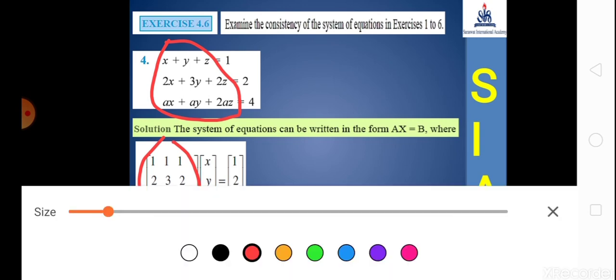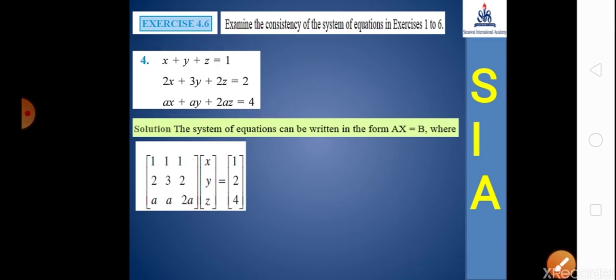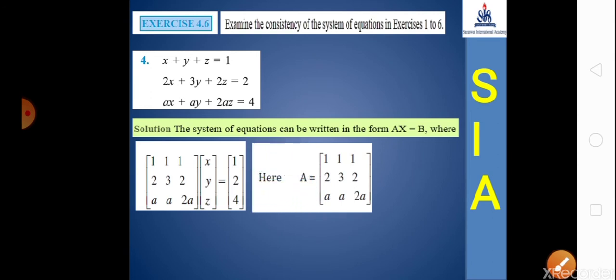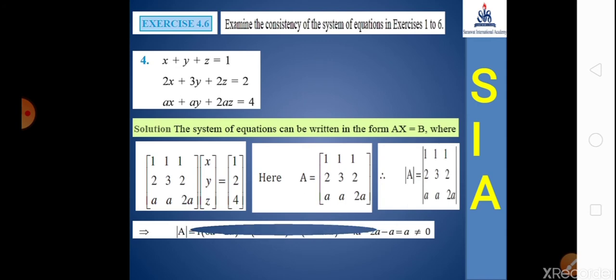And this right side data, 1 2 and 3, you always put down the right side values 1 2 and 4, and the column of capital X is x y z, same. Now represent in the form of A and apply the determinant. Check whether this answer is 0 or not.